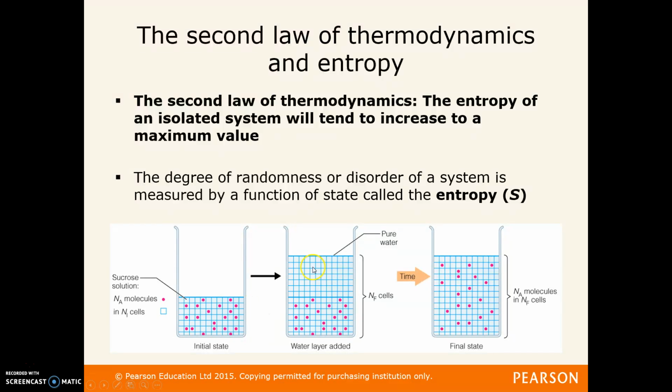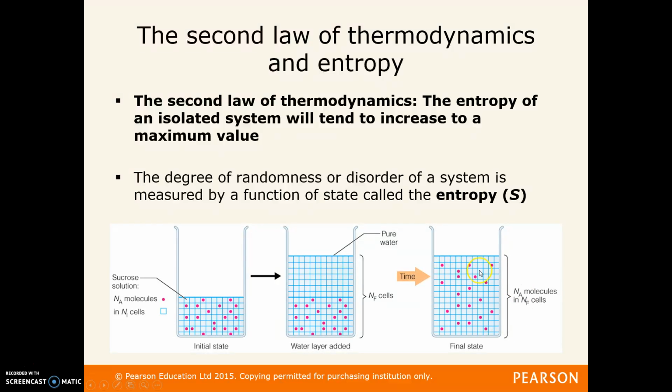If we then add an equal volume of pure water on top of that, we start off with all of the sugar down in the bottom. Over time, it spreads out. And keep in mind that this is solely happening because each individual molecule is moving independently and fairly randomly. So it inevitably will end up in this spread out state.